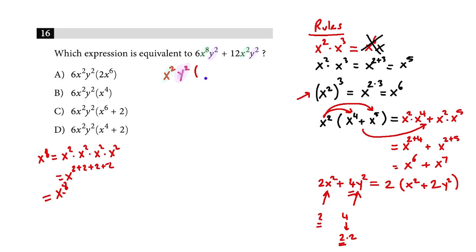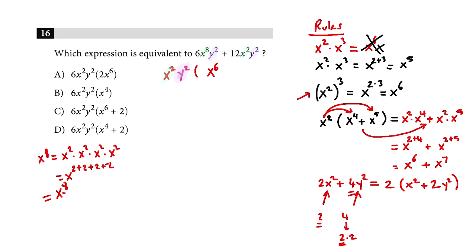But x to the 8th and x squared is different, because here I use one of them, and what is left? Only 3 x squared left. It means x to the 2nd power plus x to the 2nd power plus x to the 2nd power. I just add them up. So it's going to be x to the 6th power left, as you see. So I add this x to the 6th power here.